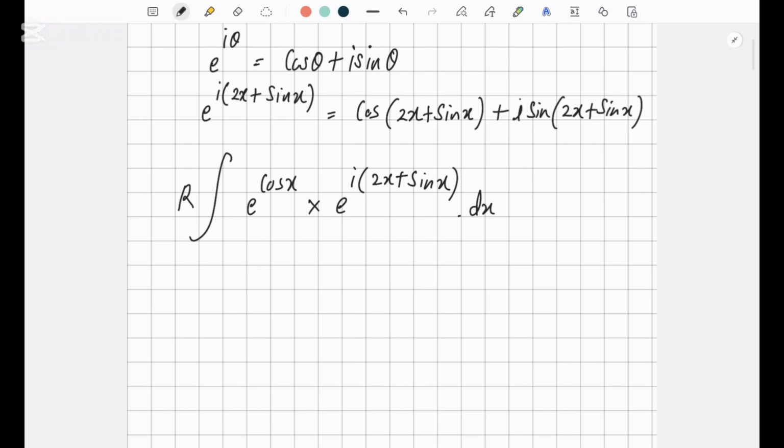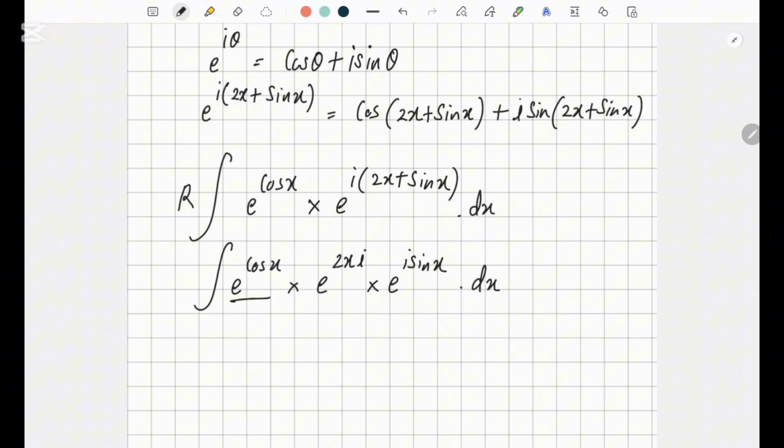So now both bases are e, right? Now we can bring them together. Let's expand the brackets. So e to the power cos x into e to the power 2xi into e to the power i sin x.